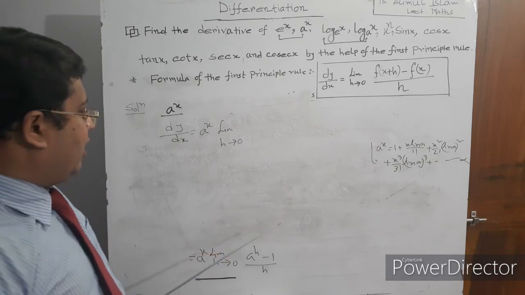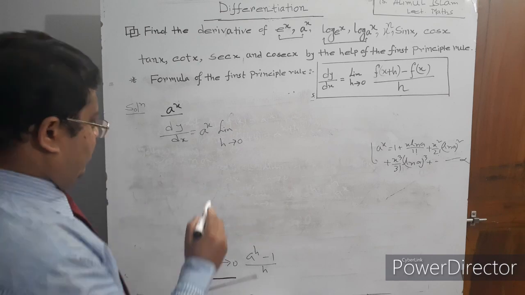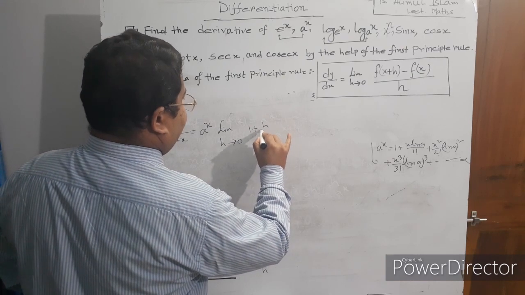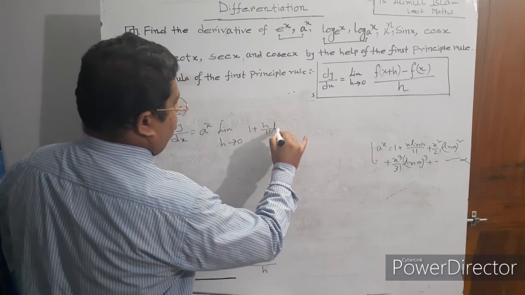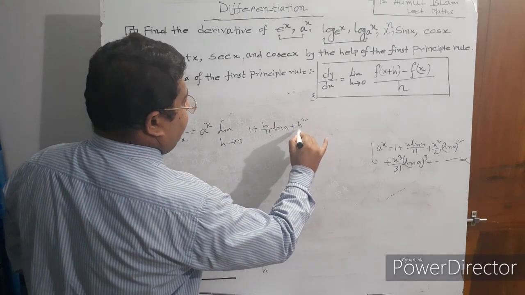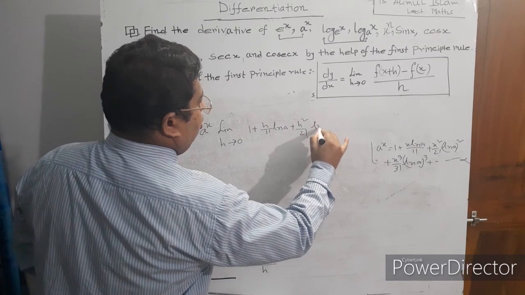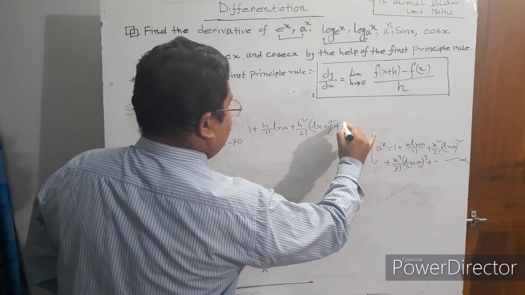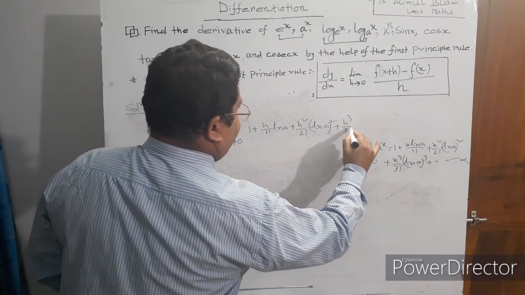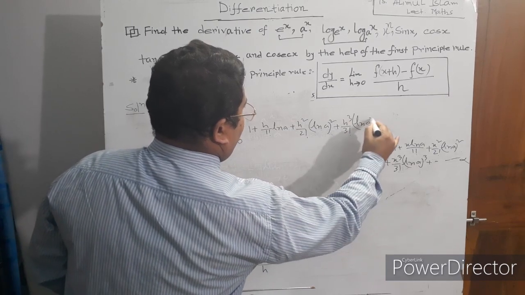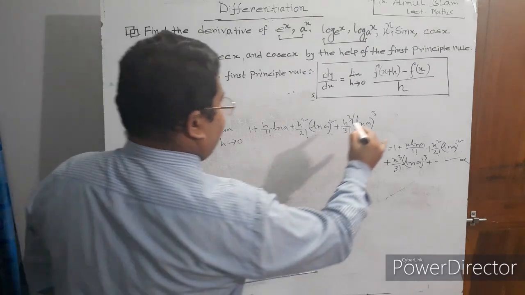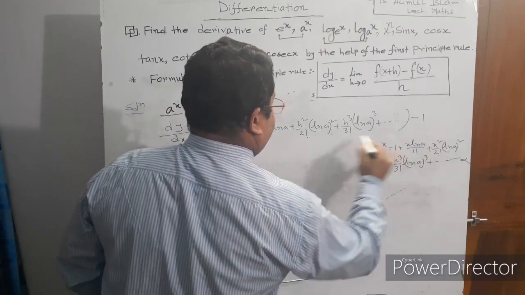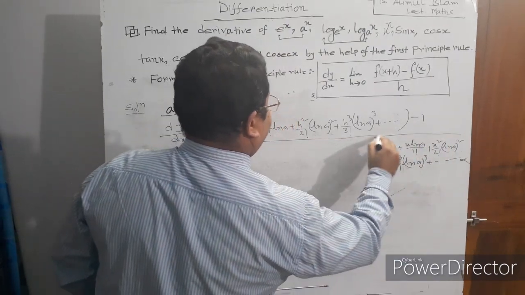Instead of x, I keep by writing here h. 1 plus h by factorial 1 ln a, plus h square by factorial 2 ln a whole square, plus h cube by factorial 3 ln a whole cube, plus dot dot dot, minus 1, divided by h.